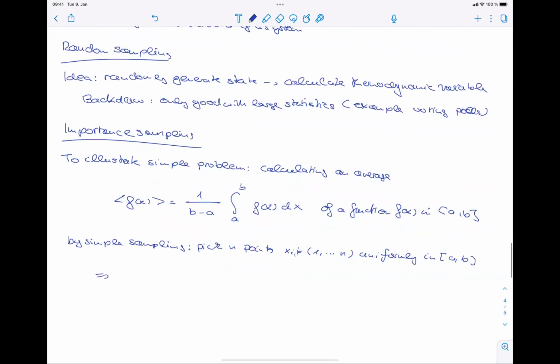And then I can calculate my average of f of x to be proportional to the number of points that I'm sampling this interval with, and the sum of evaluating this function at all these individual points.